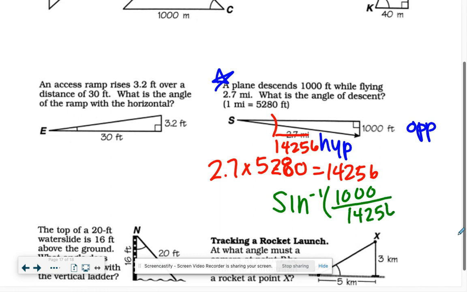There's no room. Okay, let me know what you guys get. Can we just put 1K for 1,000? Well, you can't type that in your calculator though. 4.02237. So about 4 degrees?